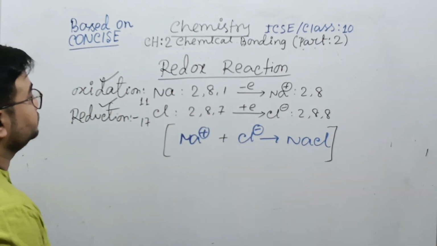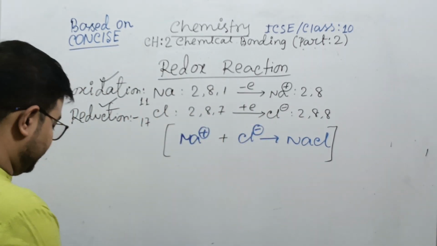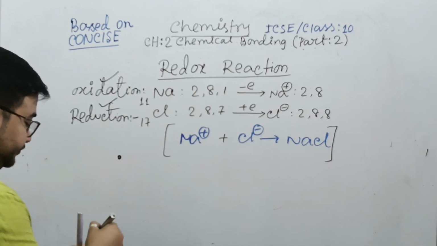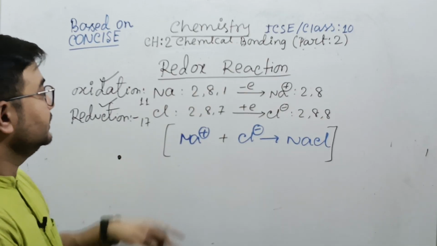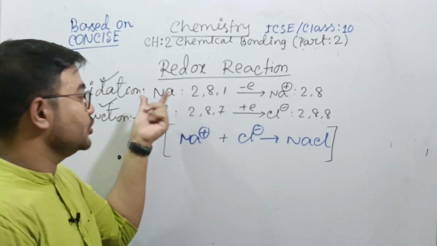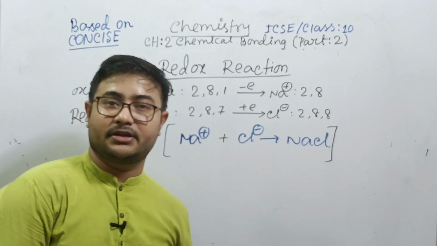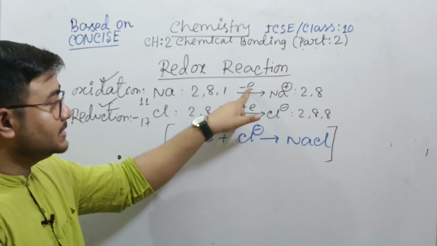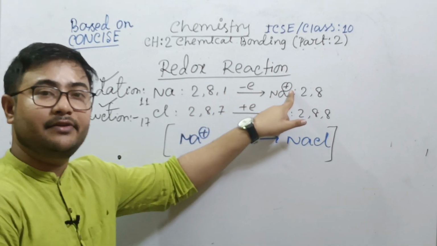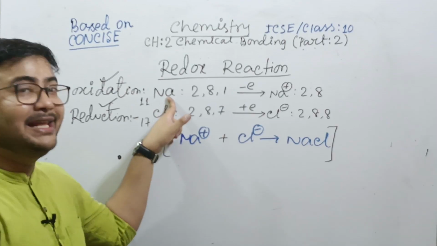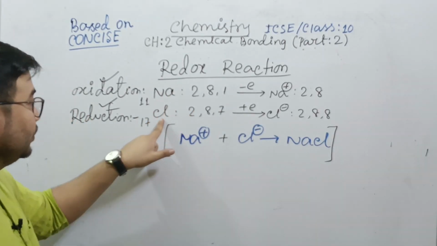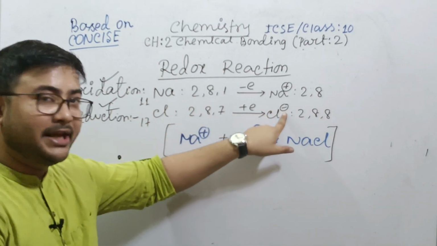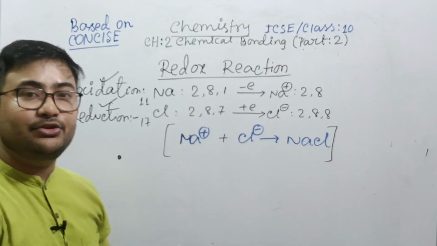Now tell me just one factual point. Is this sodium an electropositive element or an electronegative element? Sodium has a tendency to release an electron and become positive or negative? Positive. So sodium is an electropositive element. And chlorine accepts an electron and becomes negatively charged, so chlorine is an electronegative element.